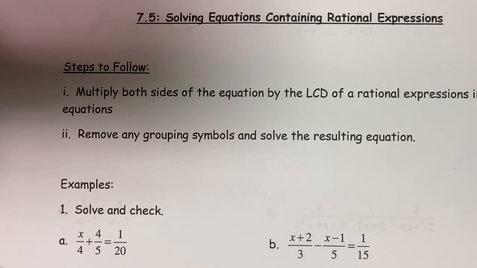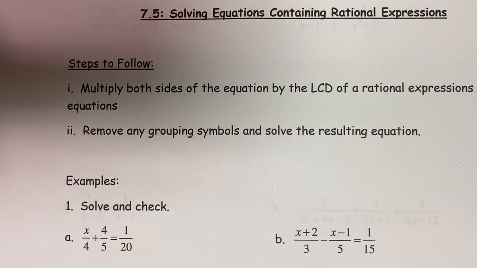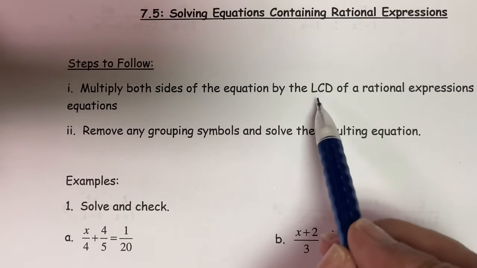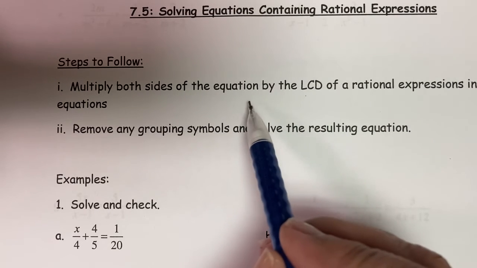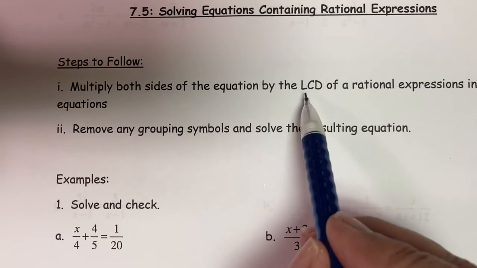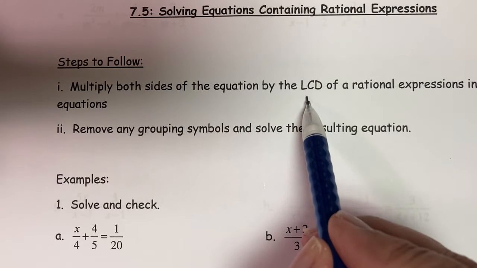So here are the steps that you want to follow when you are solving an equation containing rational expressions. You're going to find the lowest common denominator of all of the rational expressions on either side of the equation, and then we're going to multiply everything in that equation through by that lowest common denominator over 1.